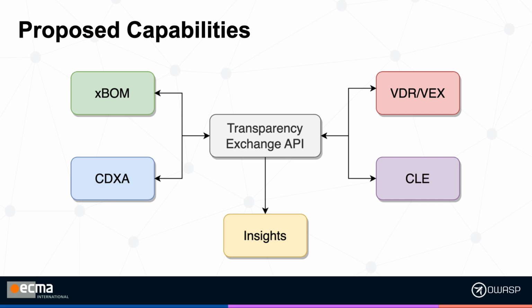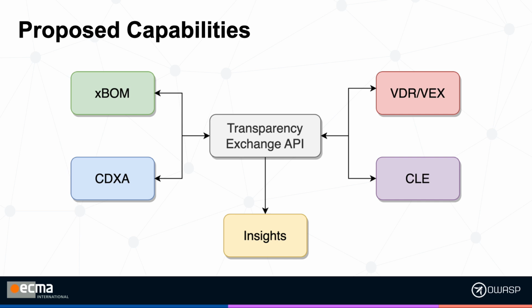And likewise, being able to publish a VDR or VEX is fairly elementary, but being able to consume that in a completely autonomous way is just not scalable today. So we aim to fix that with VDR and VEX support in this API.